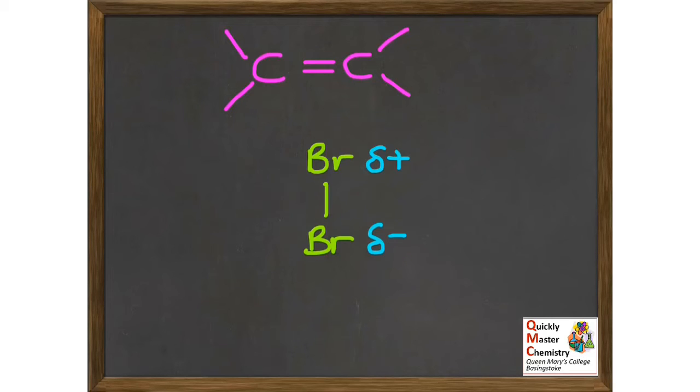Now, if you think back to that definition of the electrophile, species with a positive charge that can accept a pair of electrons from a region of high electron density. Well, we've already established that that double bond between the carbons is a region of high electron density. So our electrophile is going to accept a pair of electrons which we draw like this, a curly arrow, perhaps a new exciting feature of your chemistry for you.